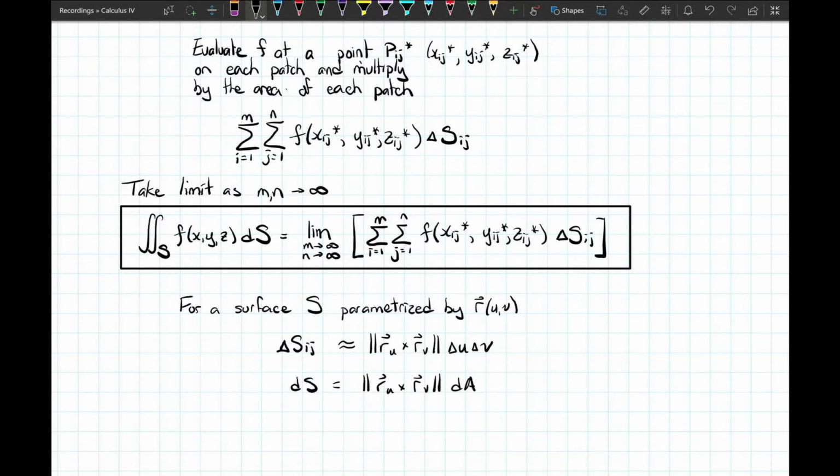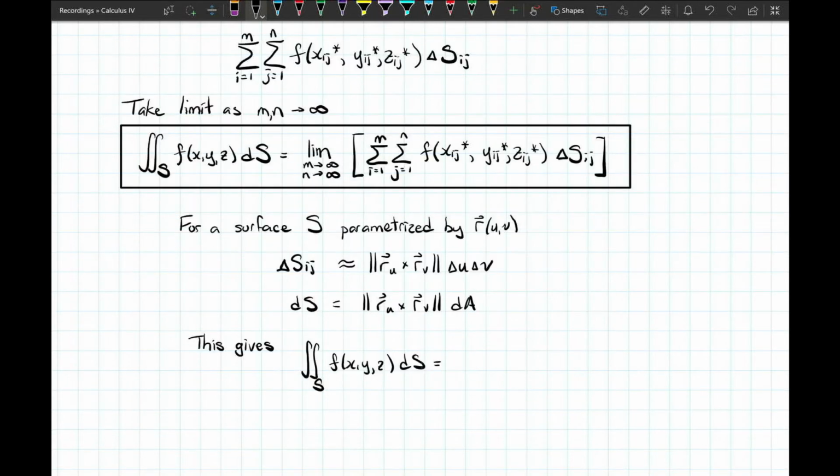And that will allow us to turn this surface integral into a double integral. And so as a result, if we wish to integrate f over the surface S, then we will turn this into a double integral over the parameter domain D in terms of u's and v's. So we'll have to plug in our parameterization. X will be a function of u and v. Y will be a function of u and v.